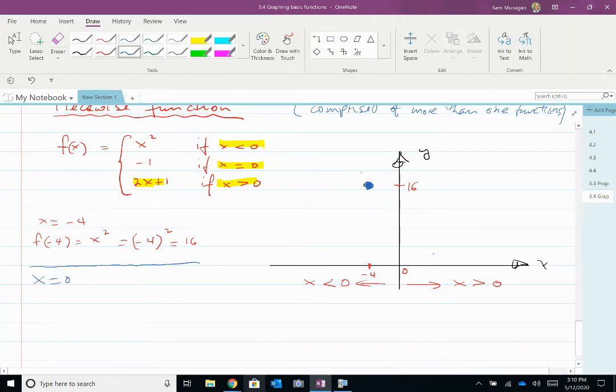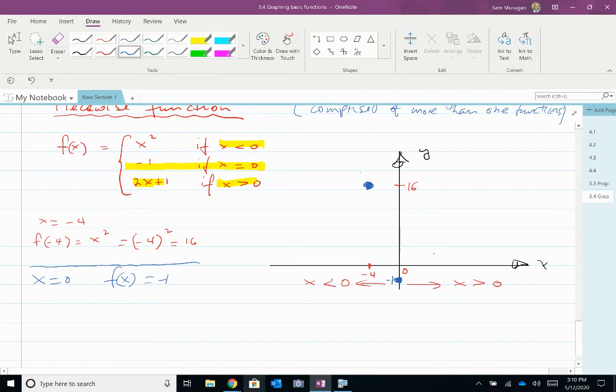We're already told here that when x is equal to 0, the y value is -1. So f of x is equal to -1. So I can mark that point on the graph here at -1, and that would be a closed dot, wouldn't it?